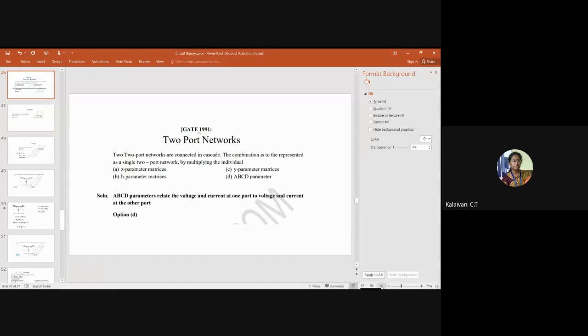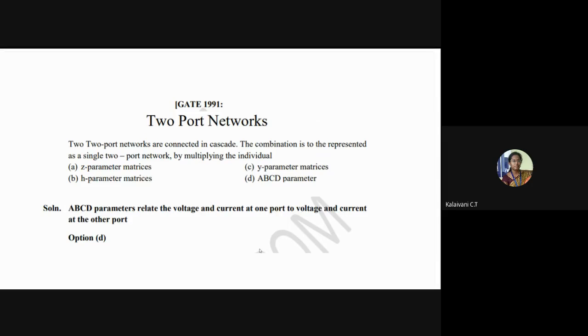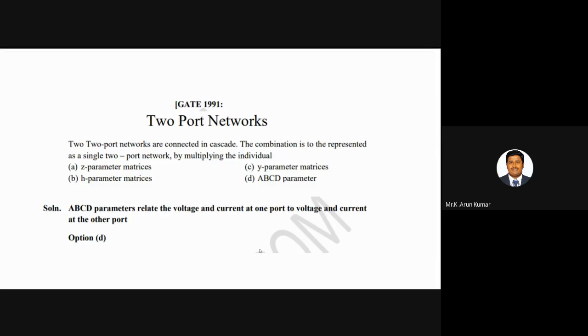Can anyone say? You can continue from the last slide. From this slide or from last slide? From last slide. Okay.